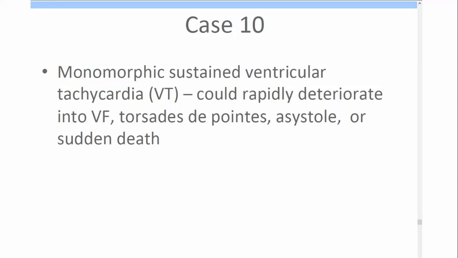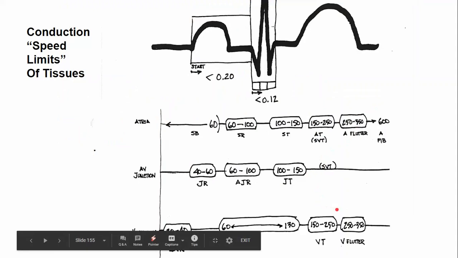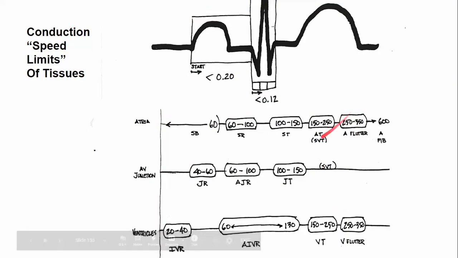VTAC could rapidly deteriorate into VFib, or torsades de pointes, asystole, or sudden death. So sustained VTAC is something that is more dangerous. And as we said, our ventricular rhythm, VTAC, is 150 to 250. V flutter is 250 to 350, just like our atrial flutter was. And our escape rhythm for the ventricle is 20 to 40.